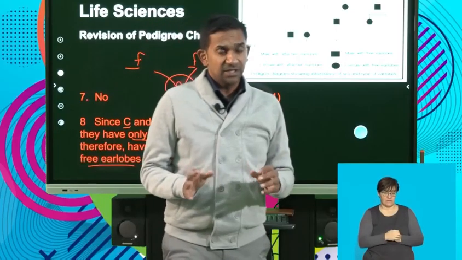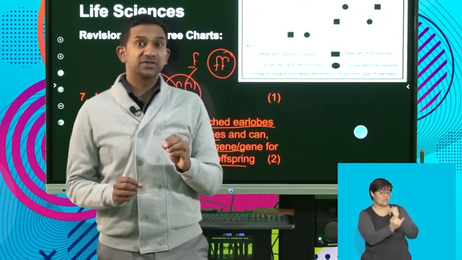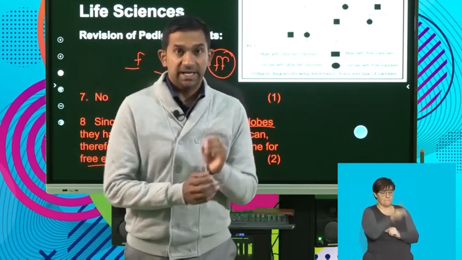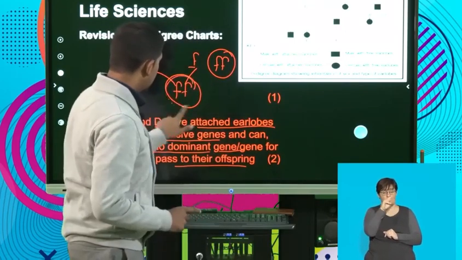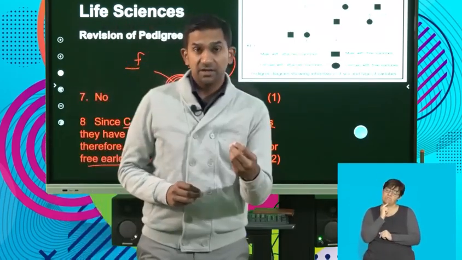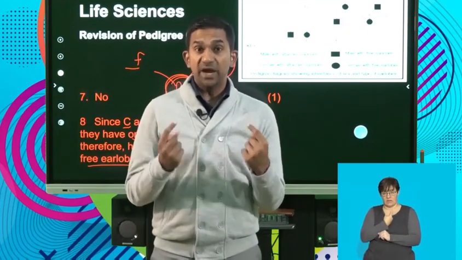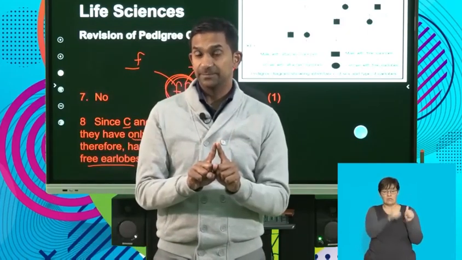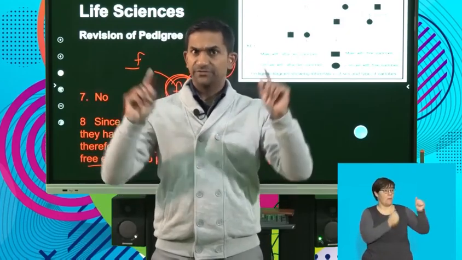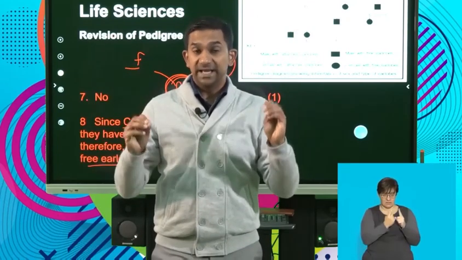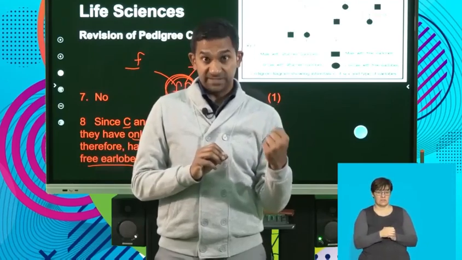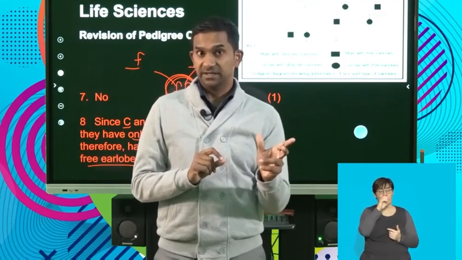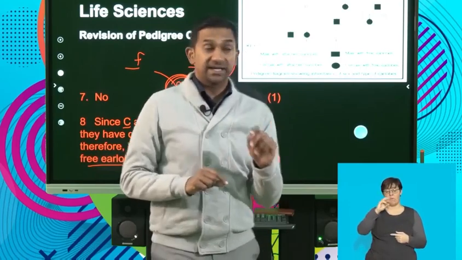So again, guys, the golden rule is to look for individuals that are affected with the condition. Again, individuals that are affected are homozygous, as I mentioned here. And use the rationale of asking yourself, where did they get those two recessive alleles from? And that means they would have got them from their parents, making their parents at least heterozygous. They could be homozygous recessive, they could be heterozygous, but they cannot be homozygous dominant.